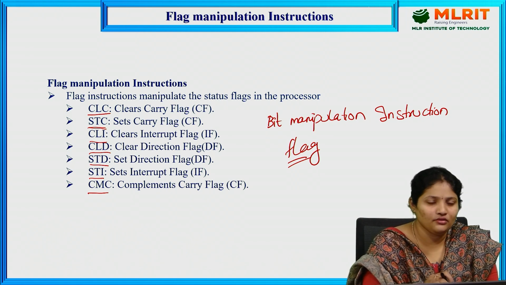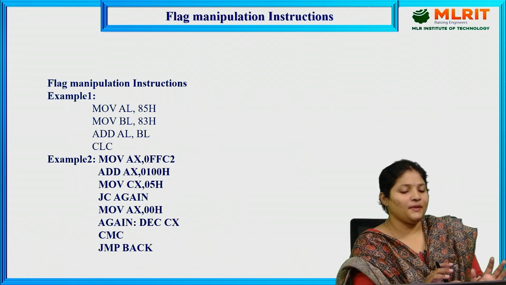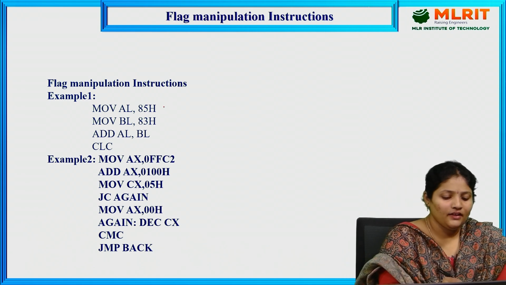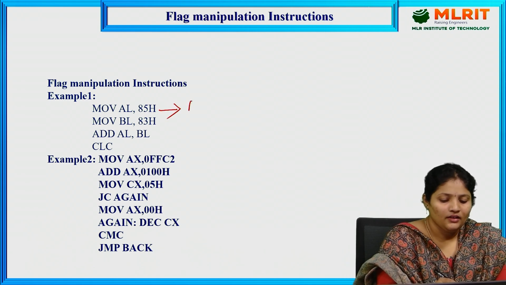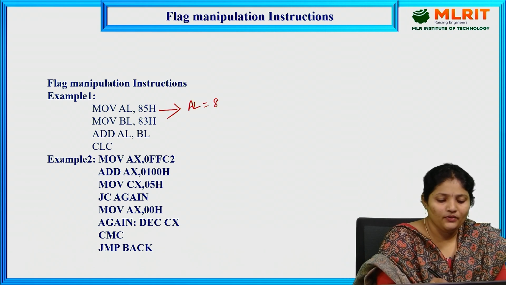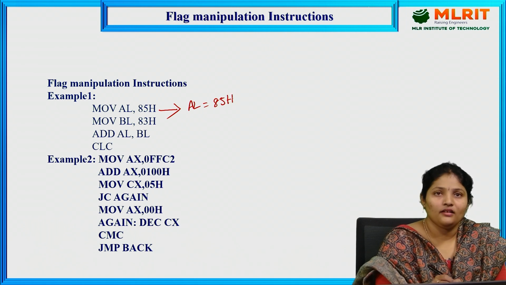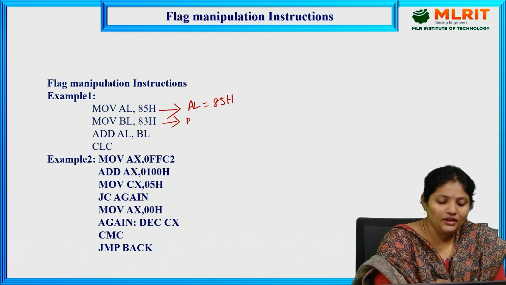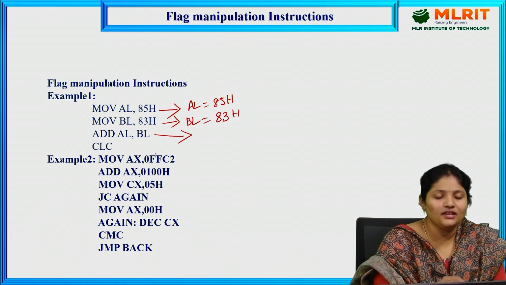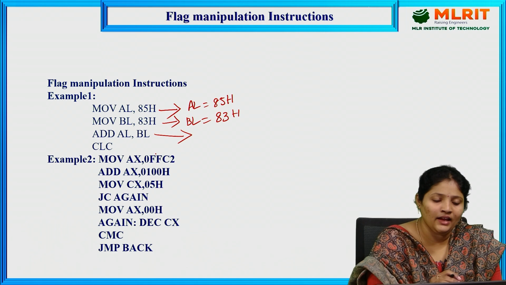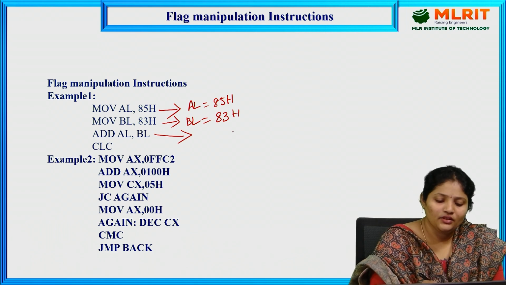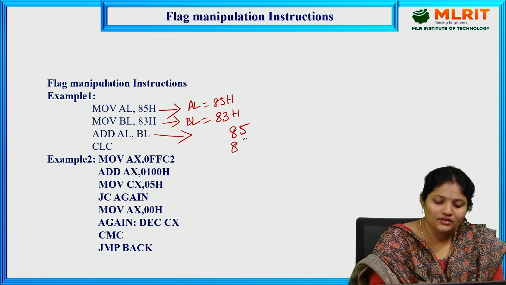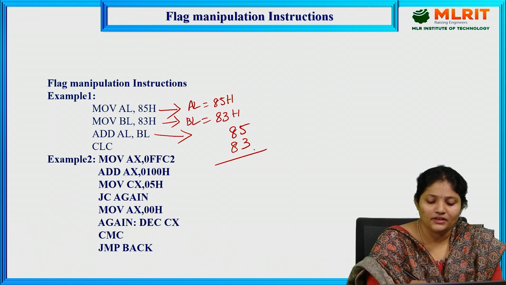Let us explain with some examples. In this first program, the AL register is loaded with the data 85H. Those are hexadecimal numbers, and BL is loaded with 83H. Another instruction executes the addition between the AL and BL registers. 5 plus 3 is 8.